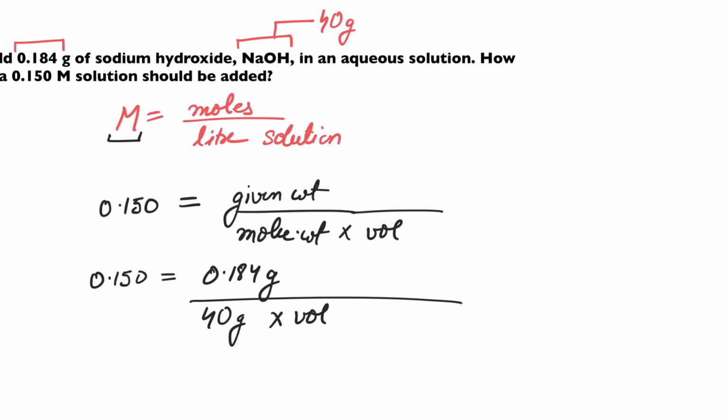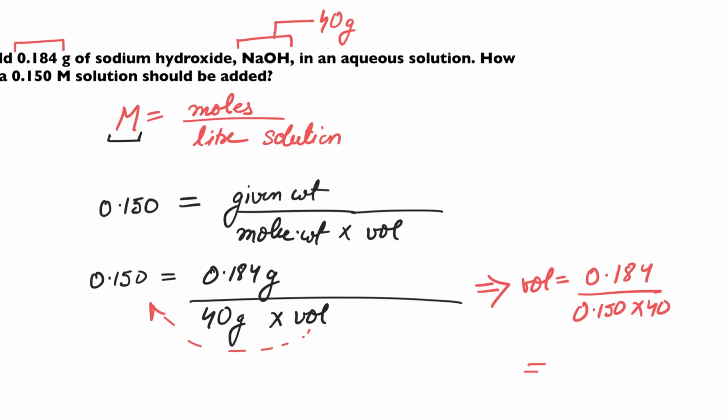So let's switch sides. So this implies that the volume comes to be 0.184 upon 0.150 times 40. Now you just need to do simple maths.